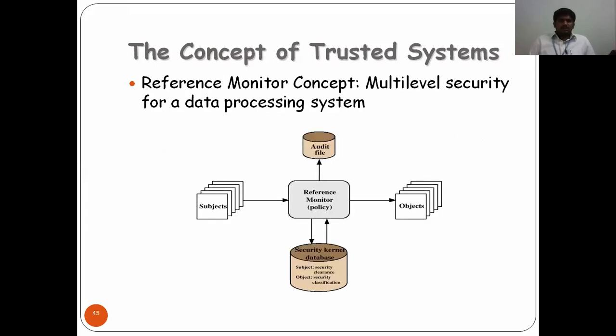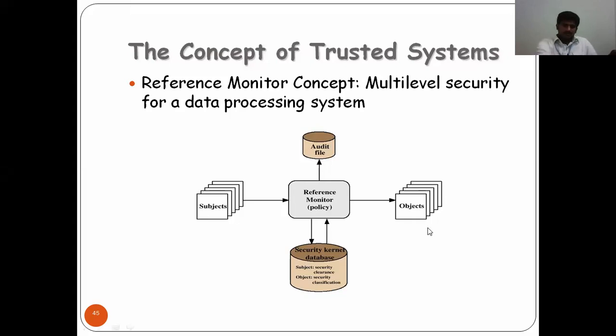Now see the reference monitor concept for multi-level security in data processing. We have subjects, audit files, and a security kernel database. That is at the operating system level, where we are talking about the database. The subject has a security clearance, and the object has a security classification. So how are we going to access?